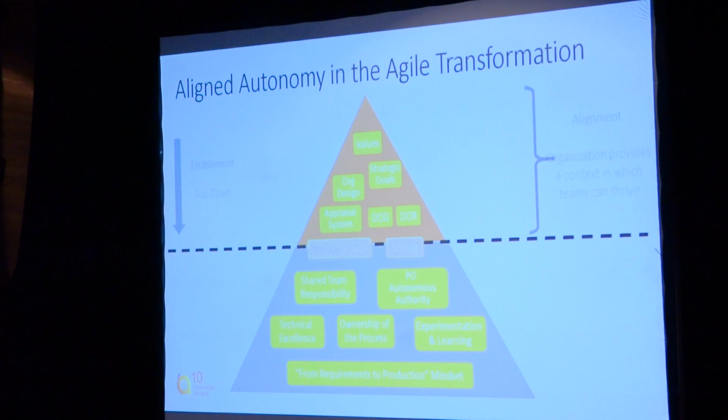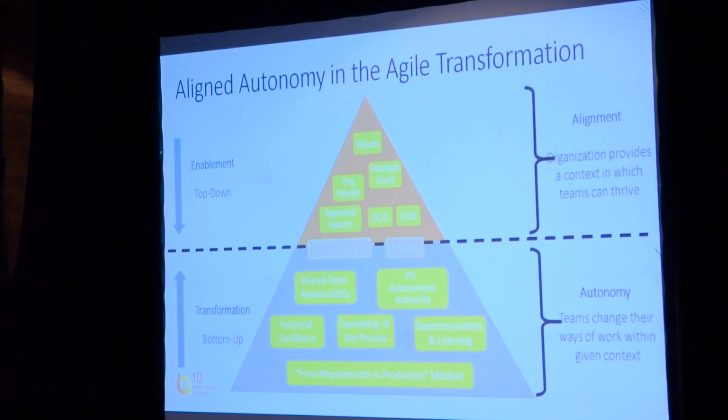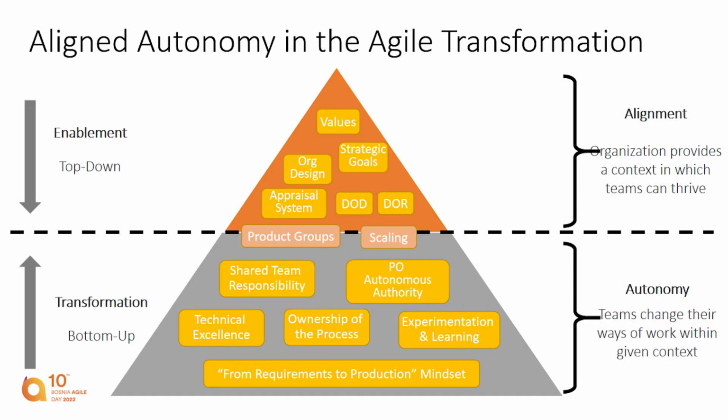Okay, so let's discuss the approach at the global level, or somewhat philosophical level. From top down, there goes the enablement. The management should provide a context in which the teams can thrive. And from bottom up, you will have the transformation.